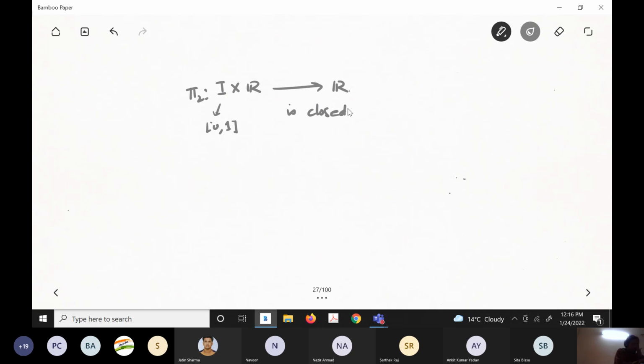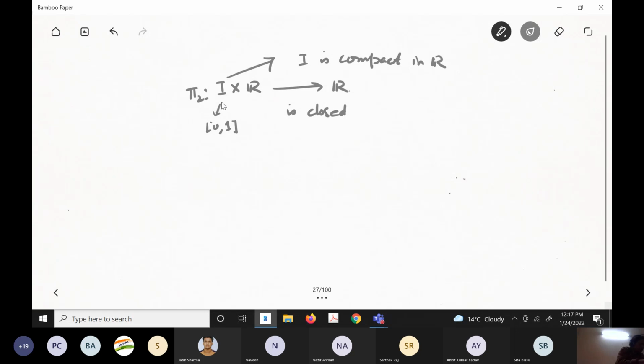I'm not going to do the problem here, but in order to show it is closed, you'll have to use the fact that I is compact in R. Look, these are metric spaces, so you can ask whether the product metric will give you the product topology. Well, that's the question I'm going to.